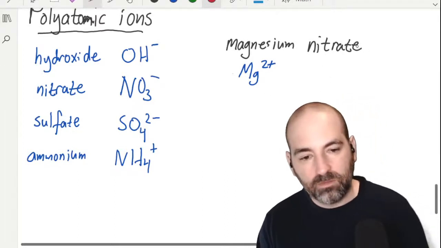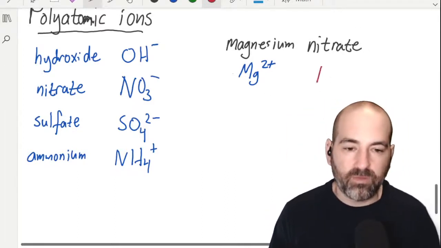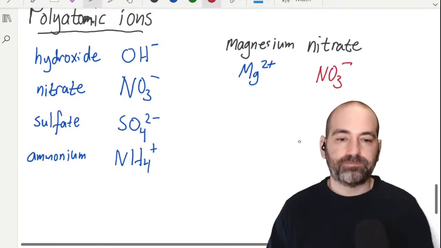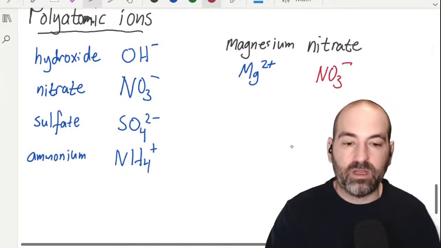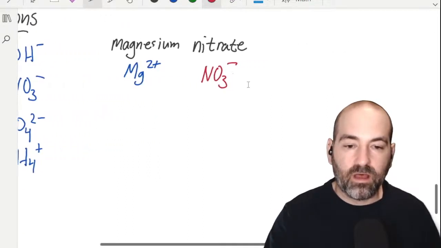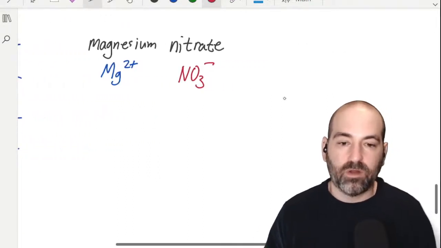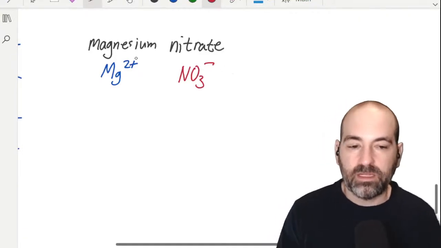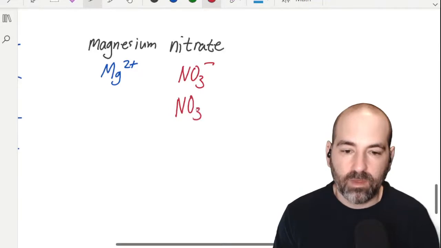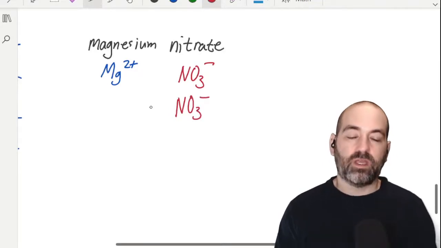So we do that. Let's say we look this up and we find that it is NO3 and it has a -1 charge. Once we have that information, we can do the same thing that we did with all our other ones. We can just balance the formula. So we can notice that magnesium is +2 and nitrate is -1. So we can get a second one in there.